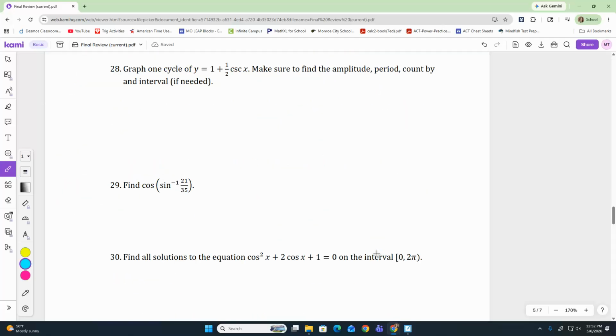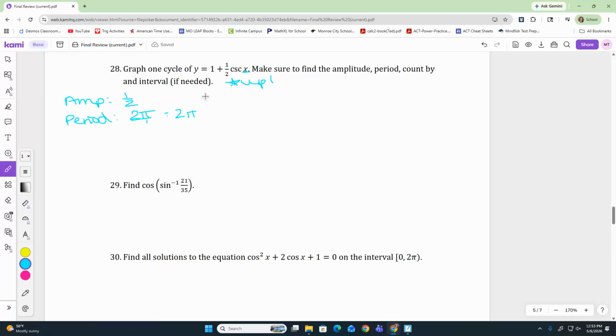Okay, so on this one, what does the 1 in front do to my graph? Okay, what is our amplitude? Period. Normal period is 2 pi. Divide by the number in front of x, which is just 1, so my period is 2 pi.